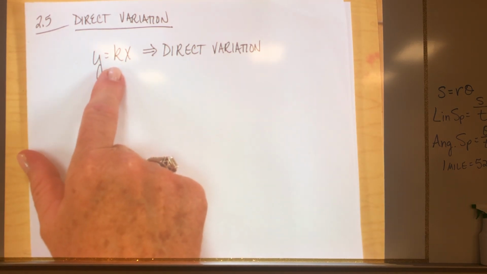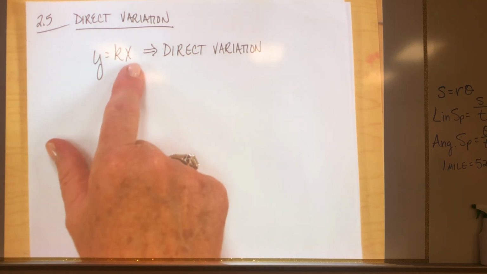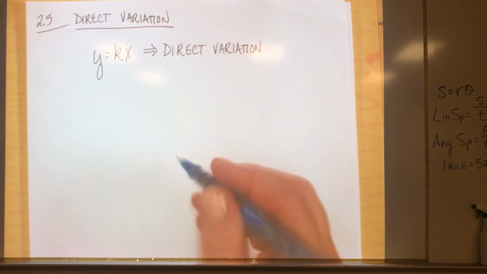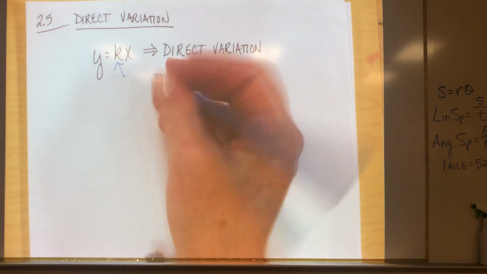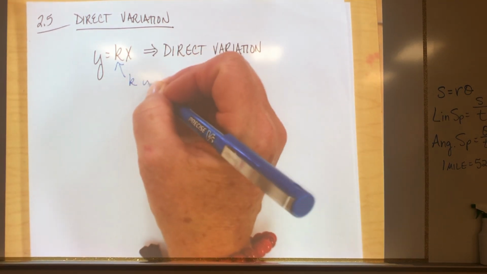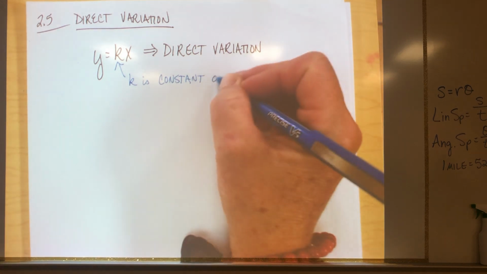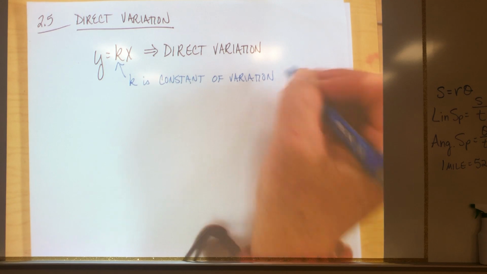Everything that you learn about a direct variation will come from this right here. You'll be looking at this and making statements or assumptions about it. Okay, so this k right here, k is my constant of variation.